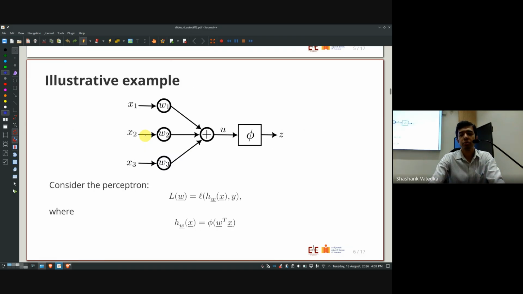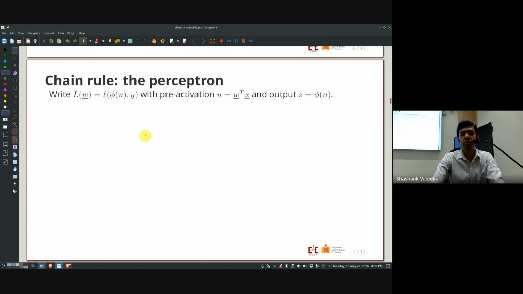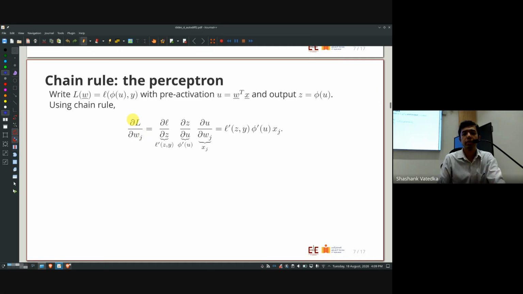As we saw, at least for the example of the single layer perceptron, it is possible to do so. For this, we essentially just used the chain rule of differentiation, nothing more. So you can write the partial derivative of L with respect to W_j as the partial derivative of L with respect to Z times the partial derivative of Z with respect to U times the partial derivative of U with respect to W_j.